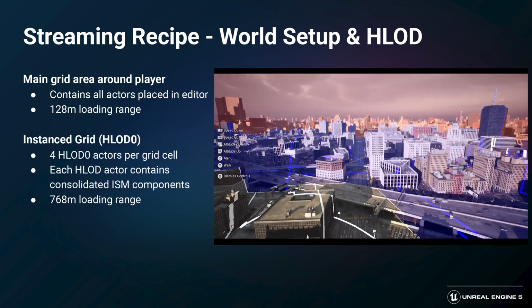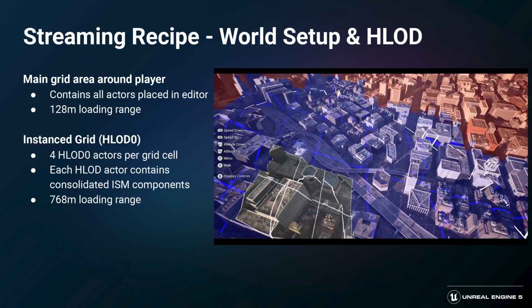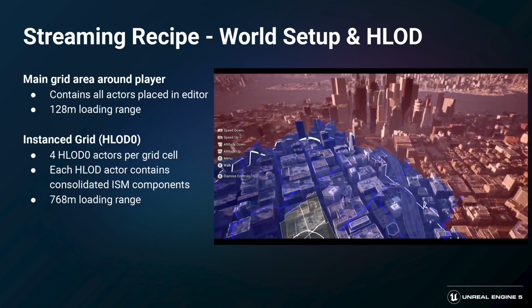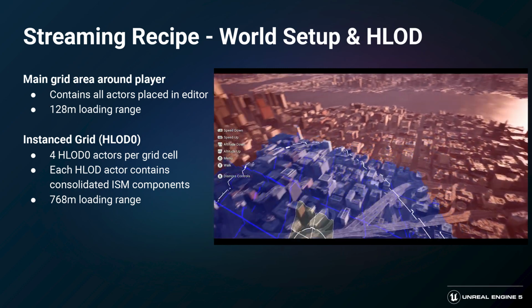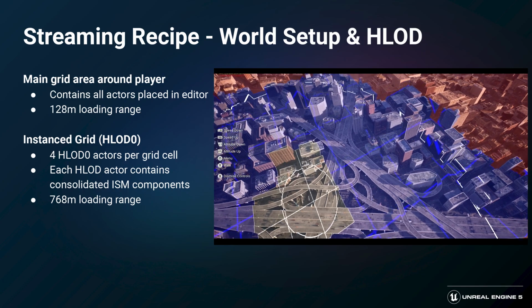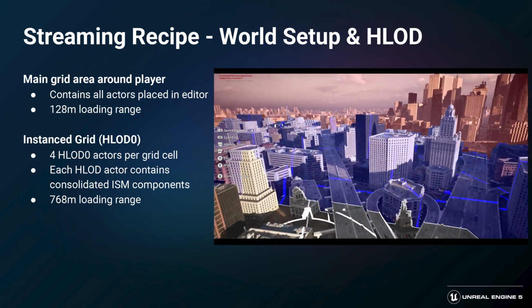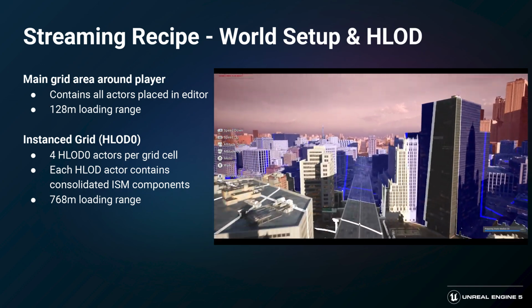HLOD 0, represented in blue, is the grid range extending up to 768 meters. All cells within the range from 128 meters to 768 will load HLOD 0 with respect to data layers. HLOD 0 contains 4 actors that are generated per cell.